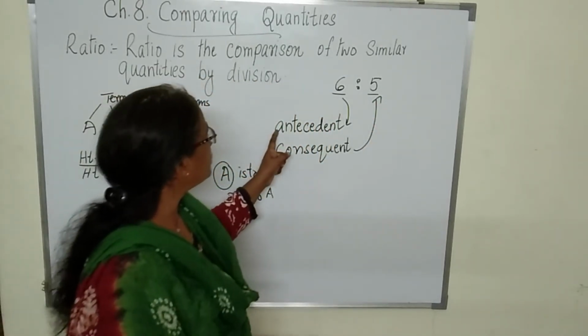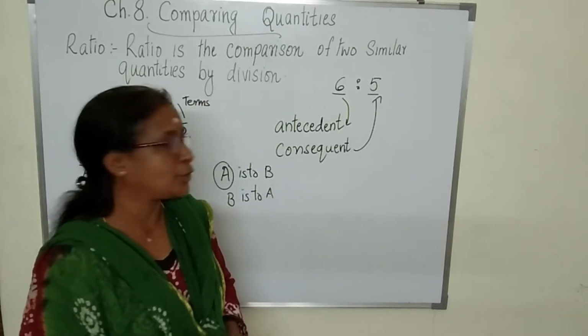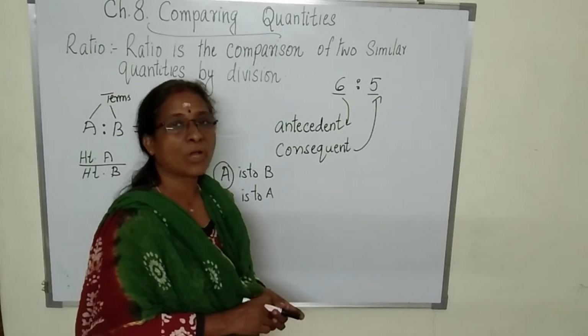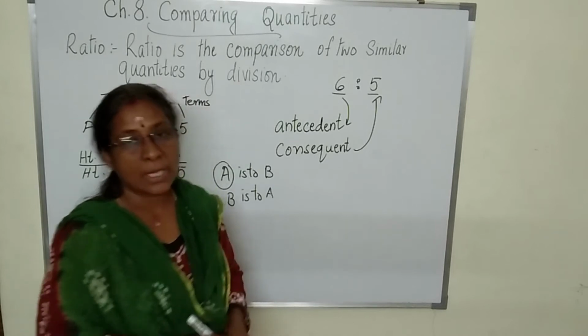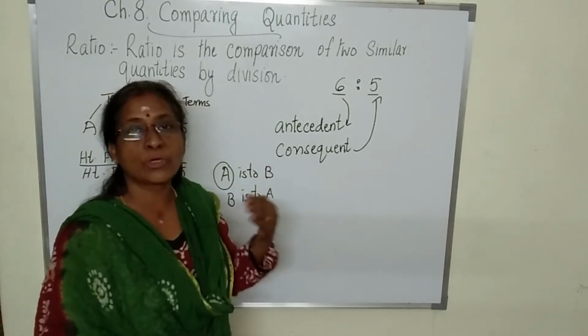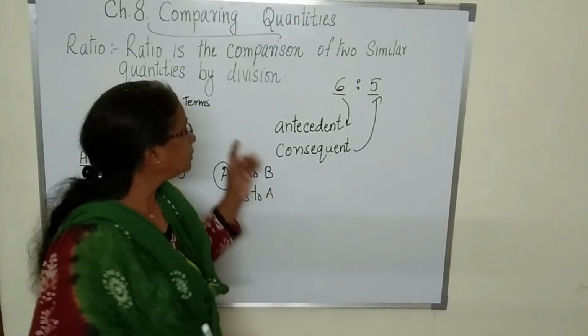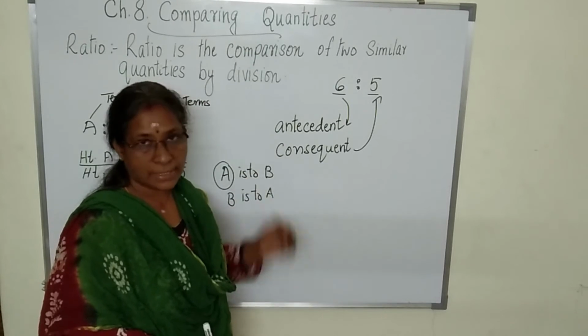So antecedent is the first term of the ratio, and consequent is the second term of the ratio. Now, we will learn some more concepts related to terms and how to write them.